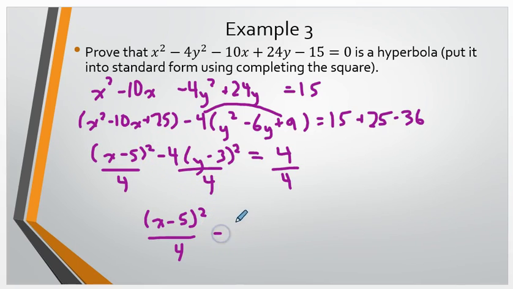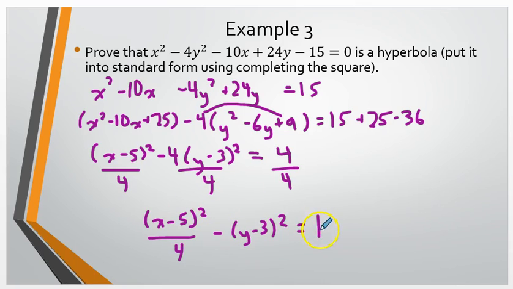So I'm just going to write this as minus y minus 3 squared. But if it helps you for visualizing purposes, remember that technically that means that we're dividing by 1. I'm just not writing that because dividing by 1 is unnecessary. It is still a fraction, it's just that it's divided by 1. So I'm going to leave it this way. And then 4 divided by 4 is equal to 1.